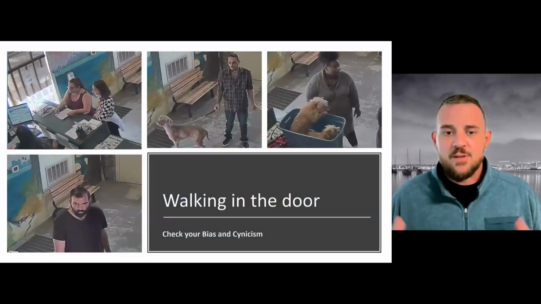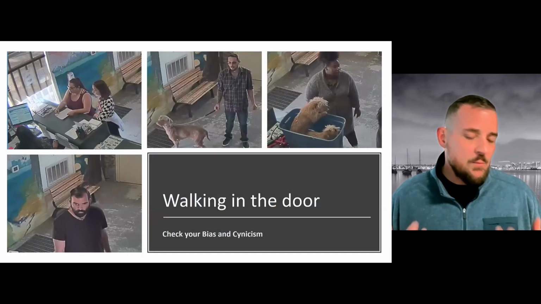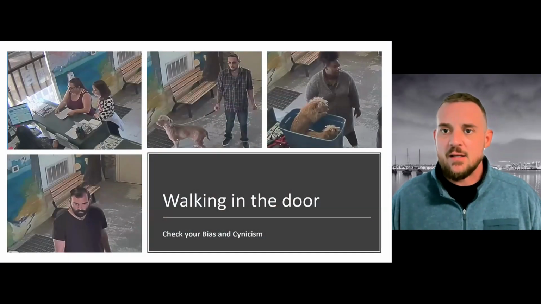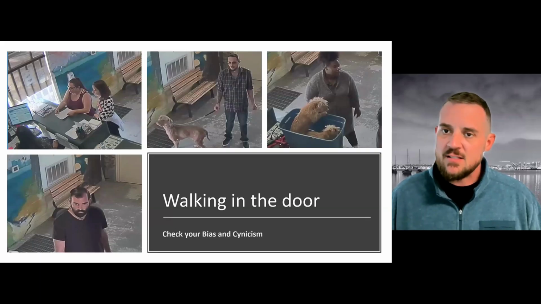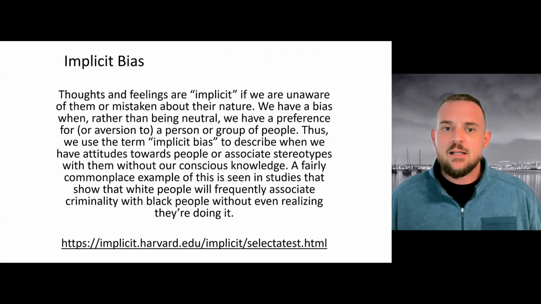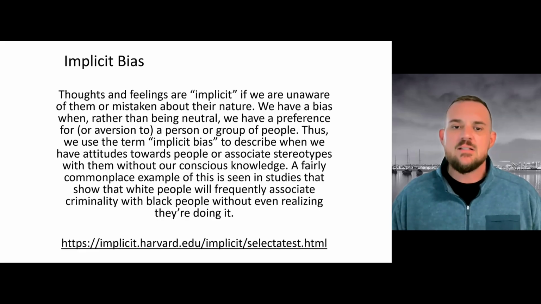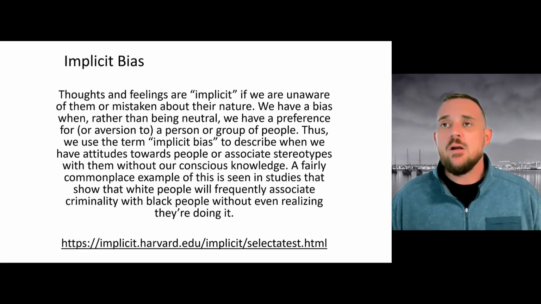A lot of this is going to be based on communication, being able to talk to people and knowing what to ask. The first thing I always talk about is that when someone walks in the door, we have to check our bias. We all have unconscious bias, and we're not going to dig into it right now, but I recommend you go look into it. Unconscious or implicit bias is basically feelings and beliefs that we are unaware of.